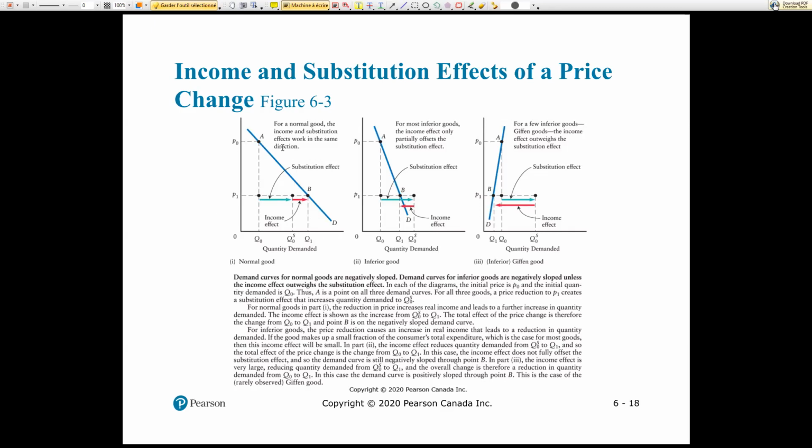And here they show what can happen if there's a change in price for 3 types of goods. So here are 2. These 2 are ordinary.